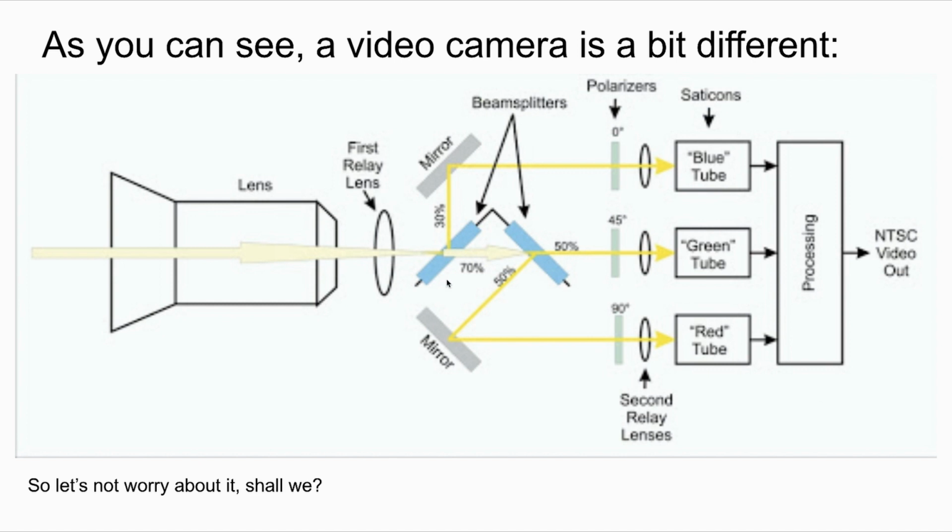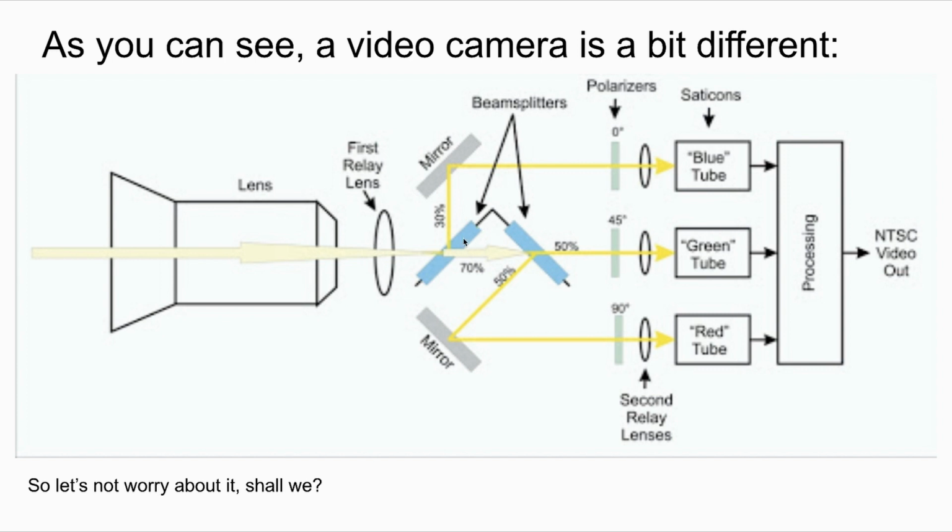You've got the light coming in through the lens. It goes through a first relay lens. I don't really understand what a relay lens is, except my understanding is that it would carry the light in a certain shape so that it doesn't get sequentially out of focus. It maintains the focus, basically.